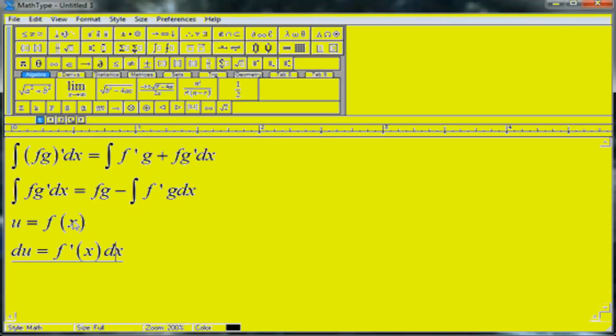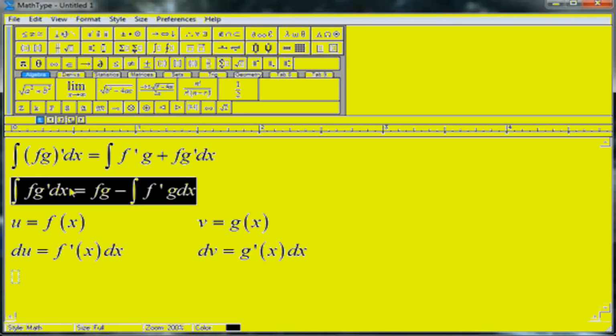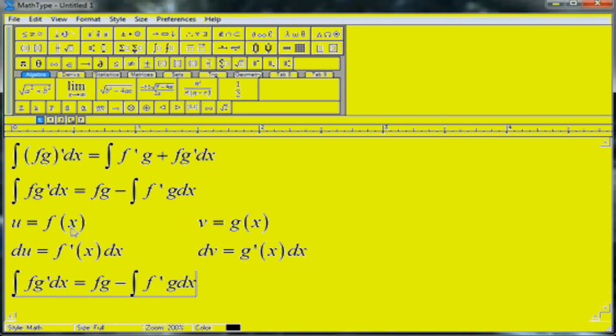And another substitution: v equals g of x, and dv equals g'(x) dx. Okay, so let's plug these relationships into this expression. So this f turns into a u. Then we have g' dx, which is dv.